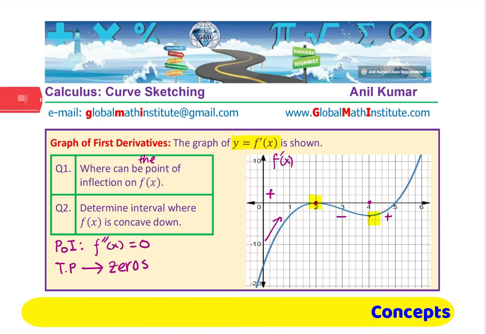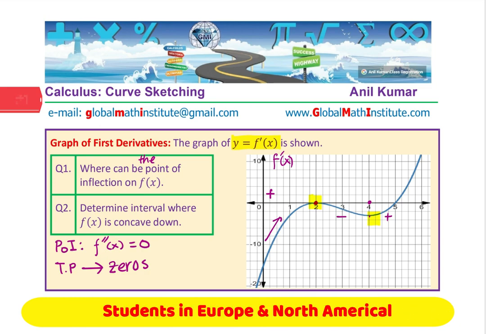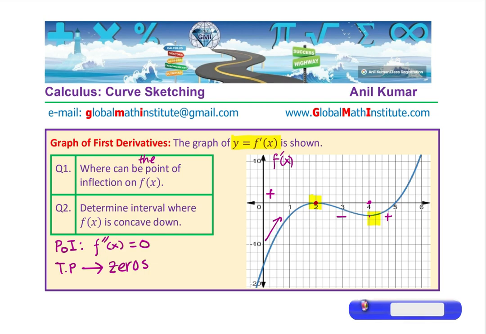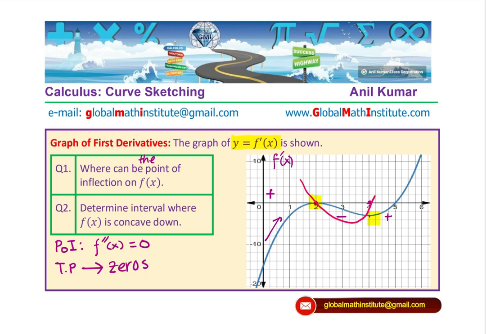So we have a 0 here, positive on this side, then negative, and a 0 here and thereafter positive. Makes sense? So we could now sketch the graph as something like this. Correct? So that becomes the graph for the second derivative.